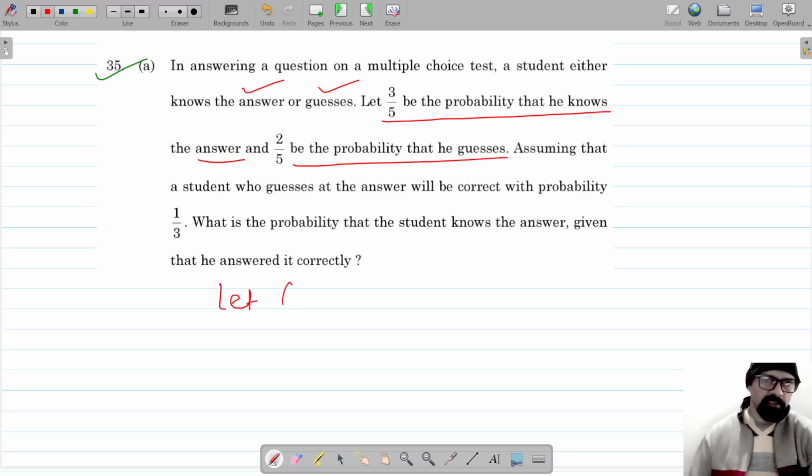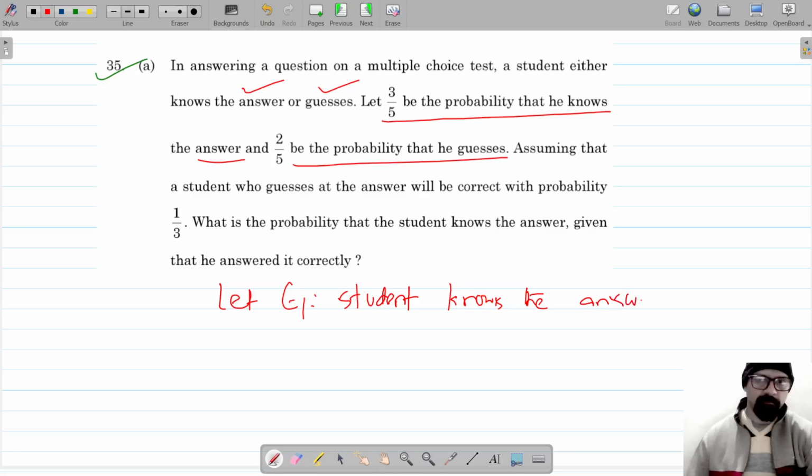So let E1 be the event when the student knows the answer, and E2 the event when the student guesses the answer.